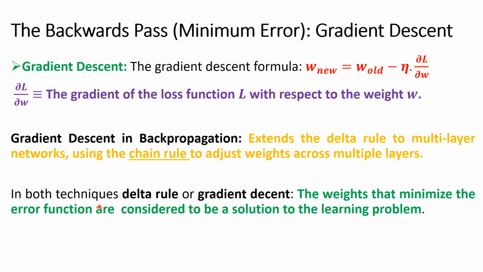In both techniques, delta rule or gradient descent, the weights that minimize the error function are considered to be a solution to the learning problem. الأوزان اللي بتوصل الخطأ لمينيما نعتبرها هي السوليوشن learning problem، أو نعتبرها هي الحل اللي بتدي الأوزان المطلوبة في عملية تدريب الشبكة.